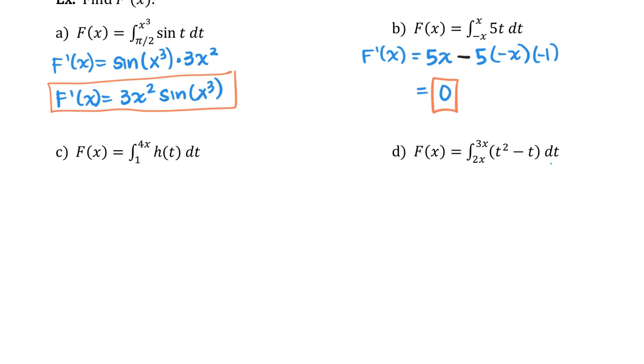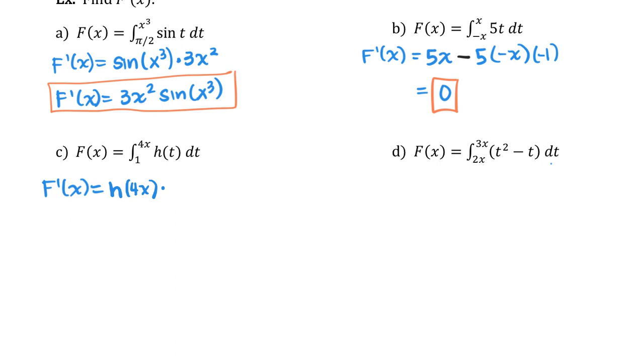Okay, let's try 2 more. So this is capital F of x. I want F prime of x. I'm going to take the derivative of the integral. Derivatives and integrals are inverse functions, so I know they're going to kind of cancel out. So let me do h, and I'm going to start with the upper bound of 4x.